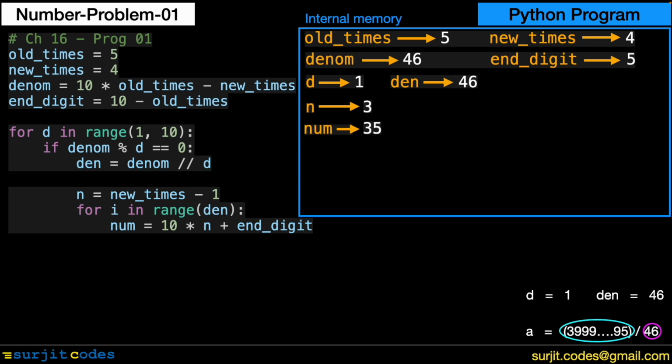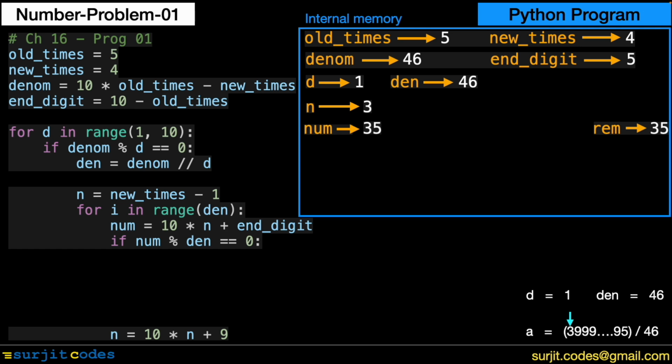We accept the value of A if it is not a fraction, so we find the remainder when num is divided by den. However, 35 is not divisible by 46, so we skip the if block statements and append a 9 at the end of n. It becomes 39 and numerator becomes 395.